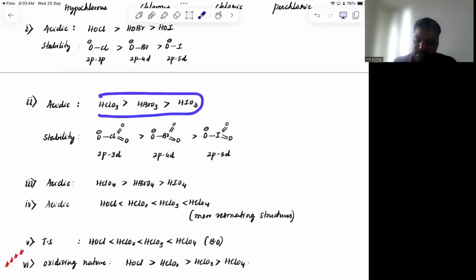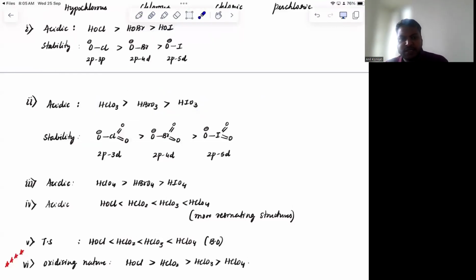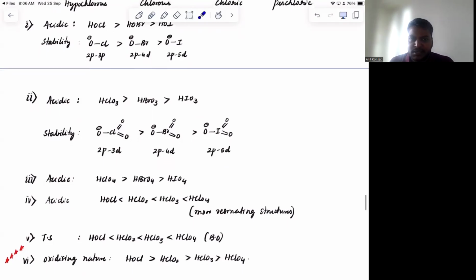Next, this is one important exception. When it comes to HClO3, HBrO3, and HIO3, you will notice that ClO3 minus will have better overlapping than the others. That is how the acidic character goes.